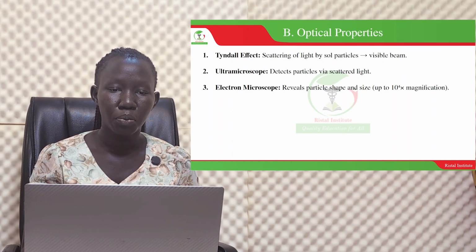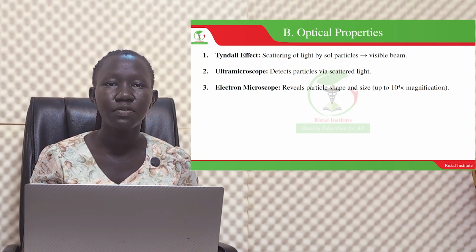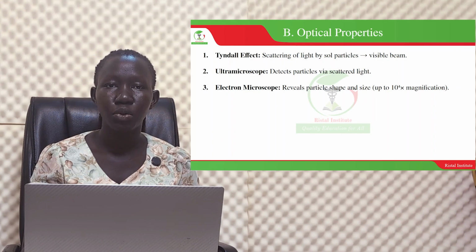Ultramicroscope: this one also detects particles via the scattered light. And then we can also use the electron microscope, which reveals the particle shape and size up to 10^4 magnification.